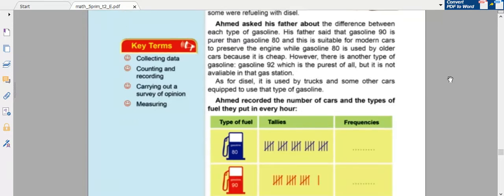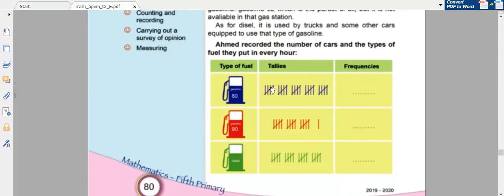He picked up a paper and made a table, and he drew type of fuel, tallies, frequencies. Here we have type of fuel 80, type of fuel 90, type of fuel diesel. Tallies. Let's know together what is tallies.